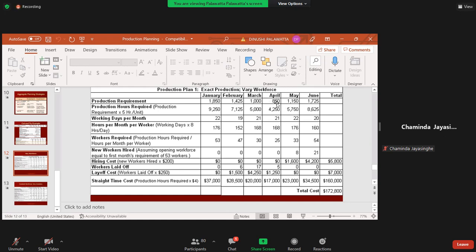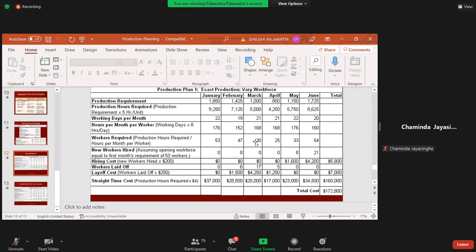And then go to April. April production requirement is 850. Multiplied by 5, you get 4,250. The hours available are 21 multiplied by 8, that's 168. 4,250 divided by 168, you get 25.